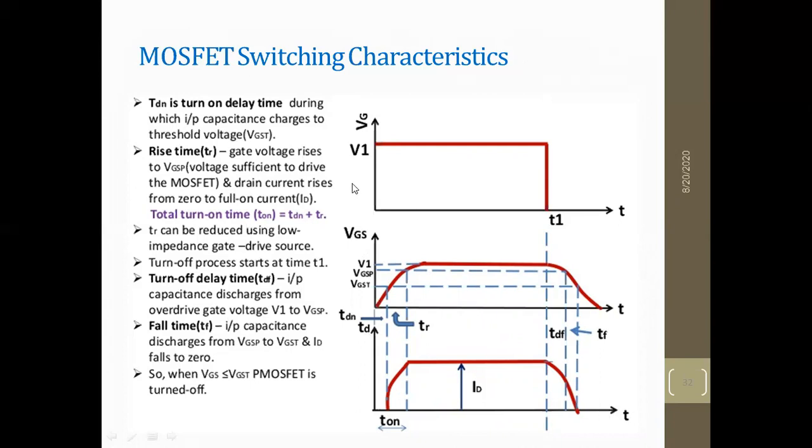As the gate is made more positive with respect to the source, the curve rises up to the gate source threshold voltage. It increases by a very small value.